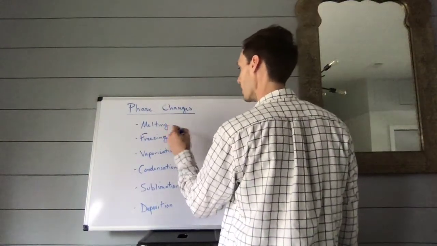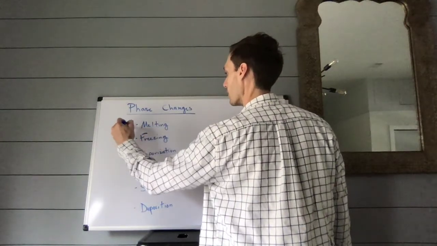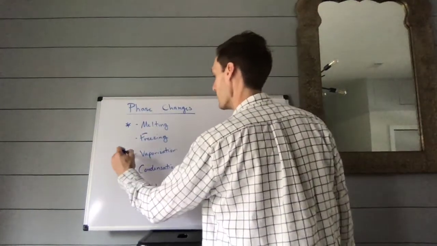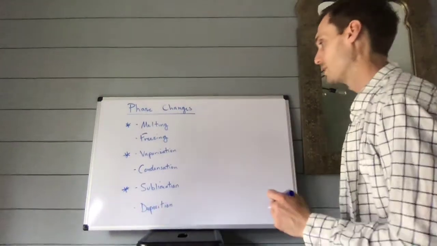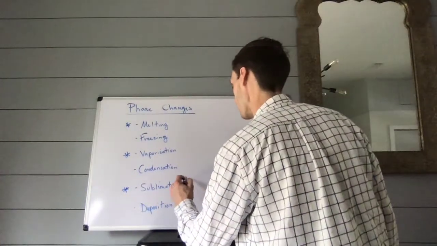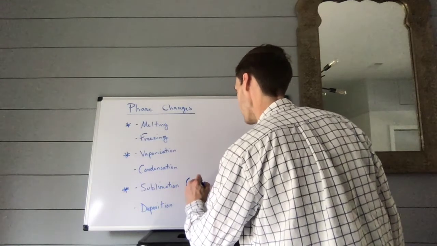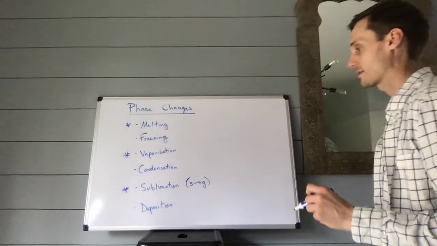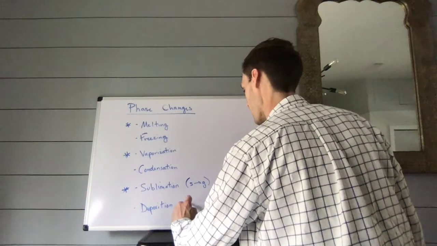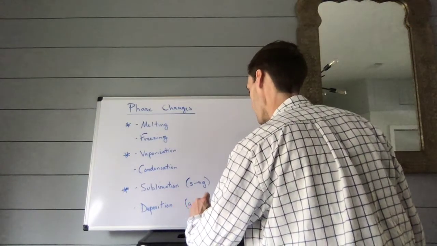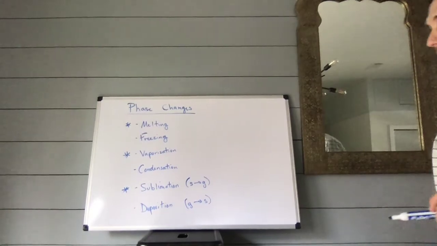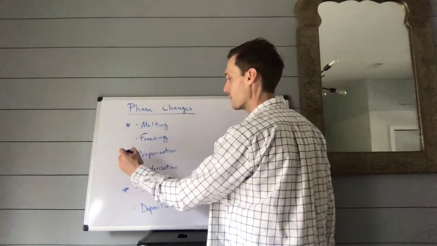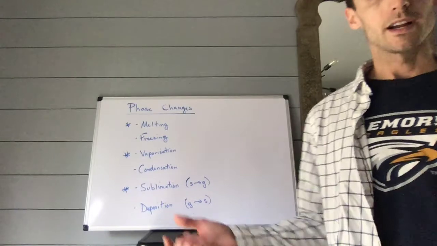And so hopefully you can kind of think about these where melting, vaporization, and sublimation. Sublimation is going from a solid straight to a gas. Deposition is the opposite, going from a gas back to a solid, just in case you didn't know those. But the ones that I have starred are all the ones that require energy.